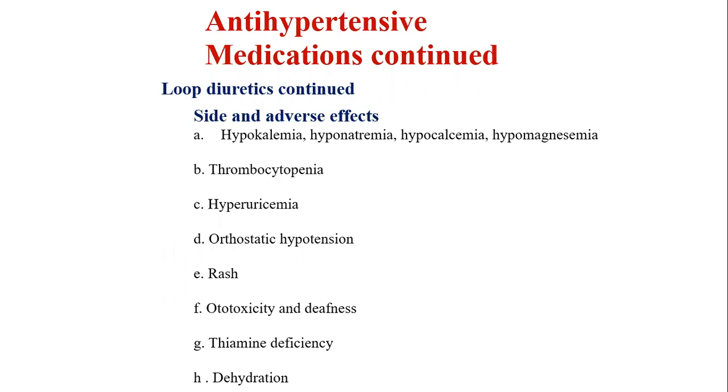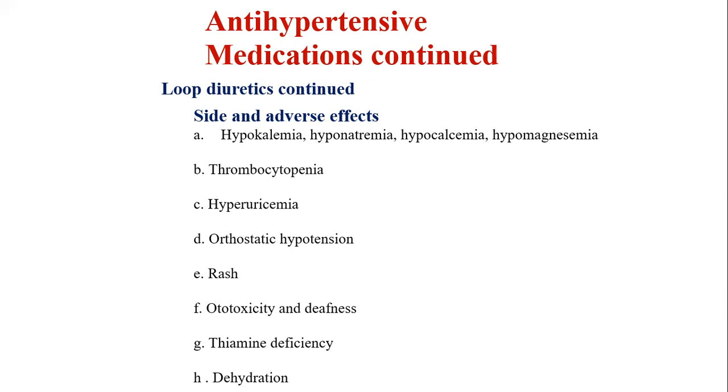And now go for the side effects and adverse effects of loop diuretics. The common side effects: they can cause hypotension, hypokalemia, and hyponatremia, as with thiazide diuretics.